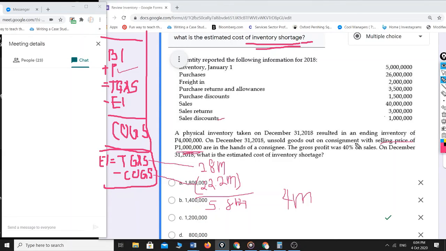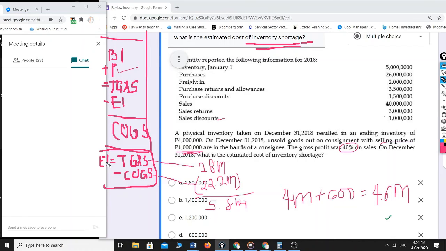Since we were given a 40% markup, that is 400,000. So, 1 million minus 400,000, the cost is 600,000. So, the actual inventory in the company is only 4.6 million.